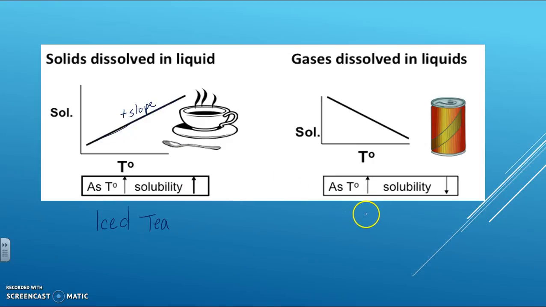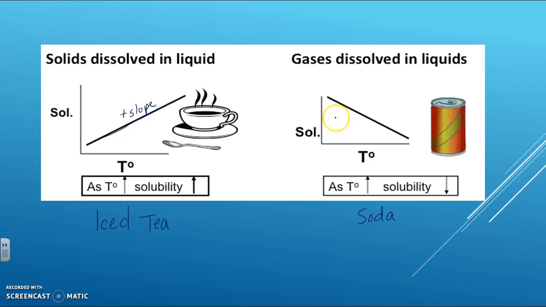Okay, well, gases, right? Think about your sodas. Okay, what happens when you pop the top on your soda can? You usually hear a psh, right? What is that noise? Well, that noise is the gases that have been forced to go into solution. They're escaping. They don't want to be in solution, right? Okay, and think about it. What happens when you have a hot soda versus a cold soda, right?